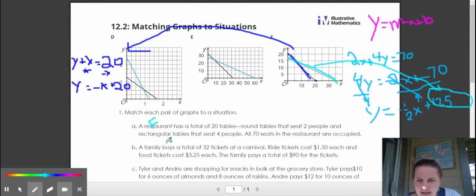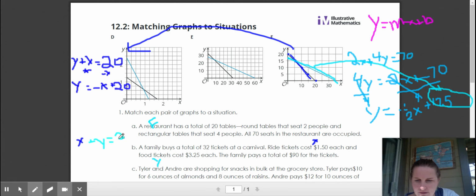So if we say our food tickets are the y variable, and our ride tickets are the x variable, we know that x plus y equals 32. So you would have to change that into y equals mx plus b.